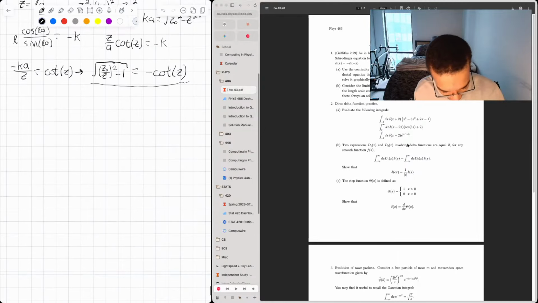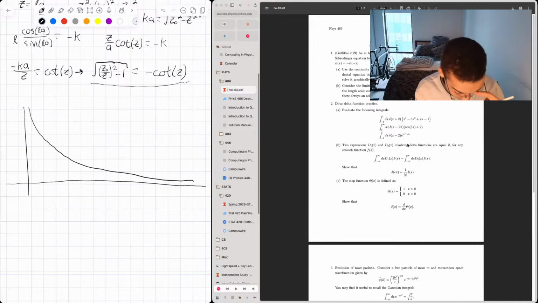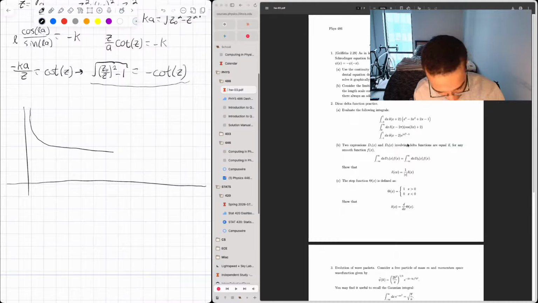Solve it graphically. The graph is just going to look something like this. So we'll have Z naught whatever squared, and then actually it's going to be more like this. It's going to be more like that.